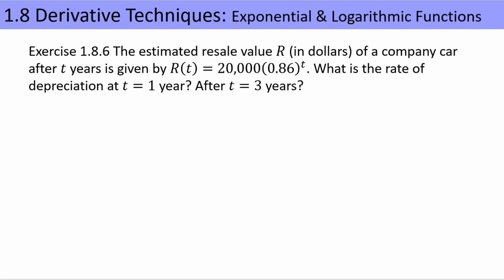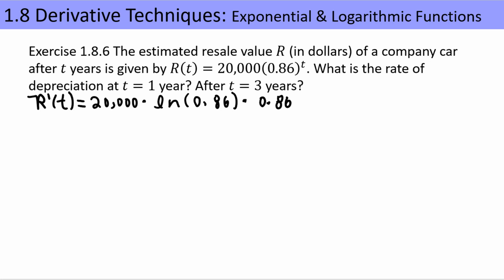So we must first find the derivative function. We will write r prime of t equals, and then using the properties of differentiation, we have the constant of 20,000, and then we need to multiply it by the derivative of 0.86 to the power of t, which is the natural log of 0.86 times 0.86 to the power of t.